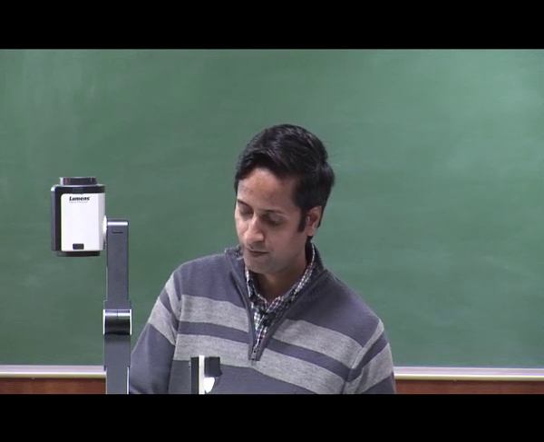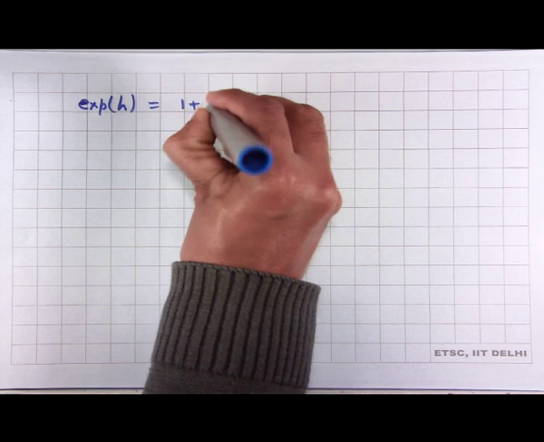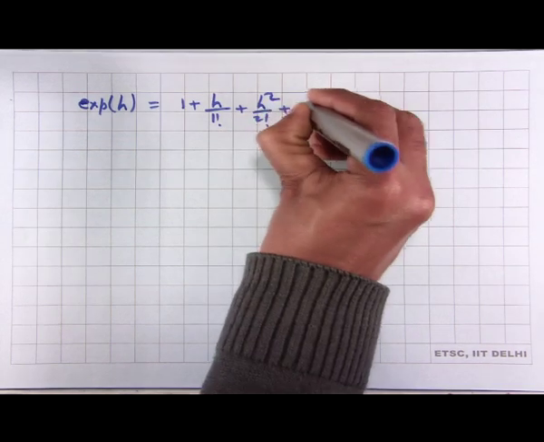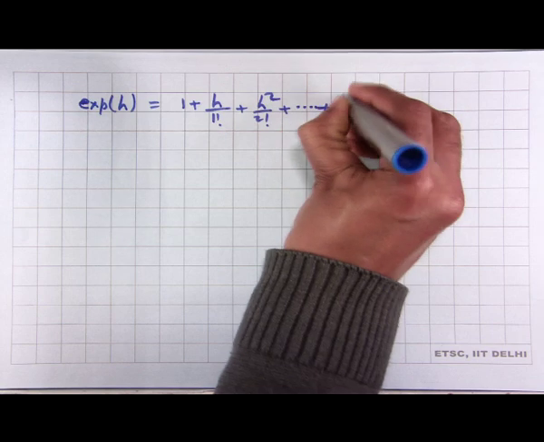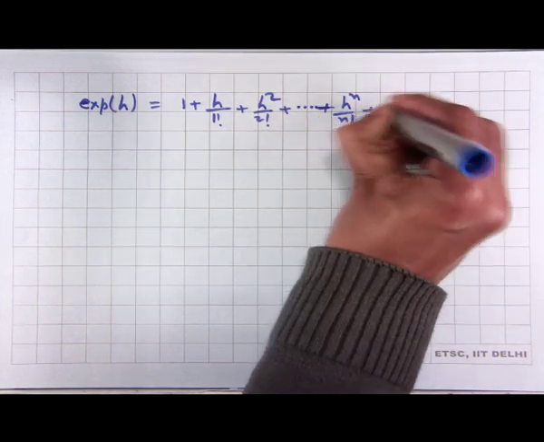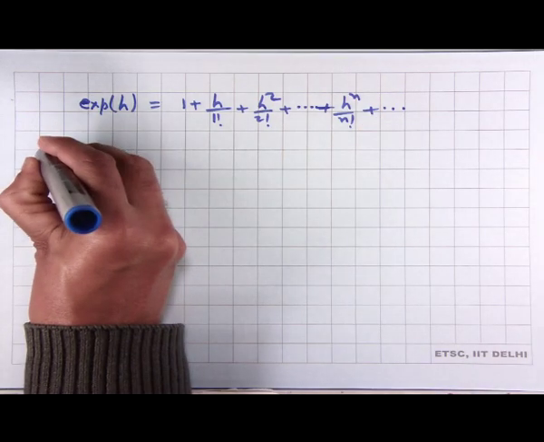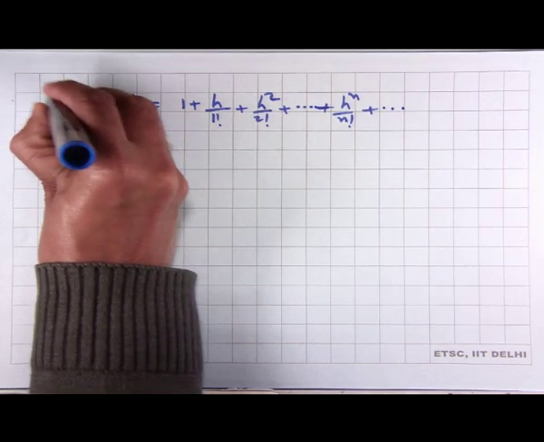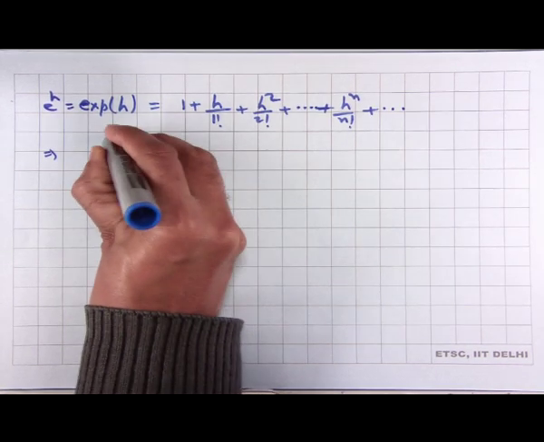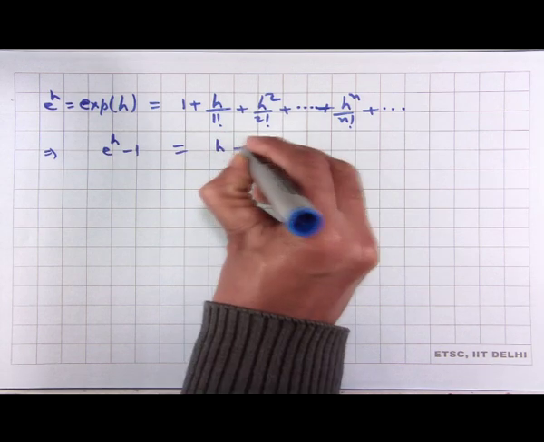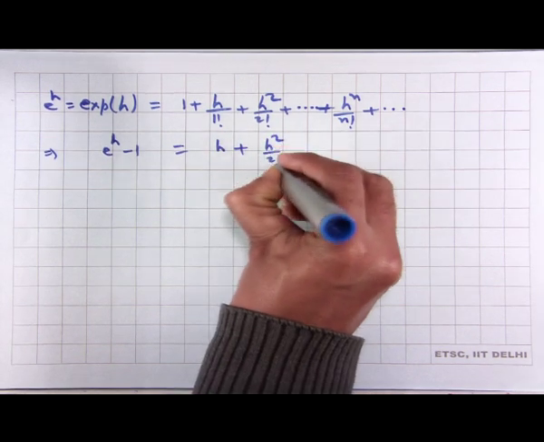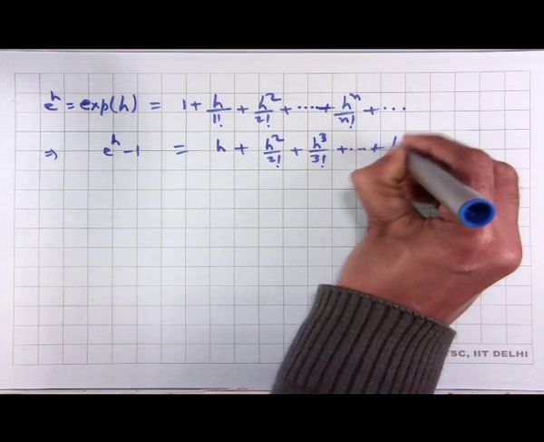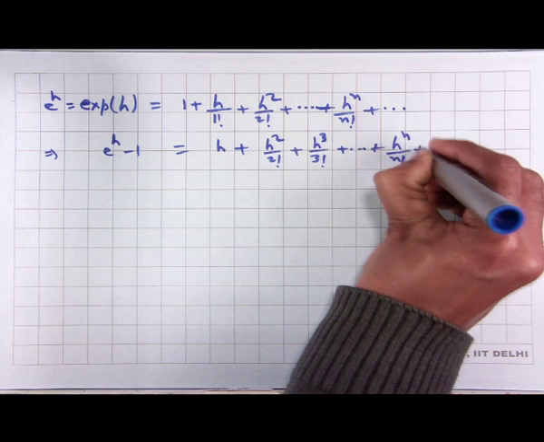We know that exponential of h is equal to 1 plus h over 1 factorial plus h square over 2 factorial, and so on, an infinite series. So, e to the h minus 1 is equal to h plus h square by factorial 2, h cube by factorial 3, h to the n by factorial n, and so on.